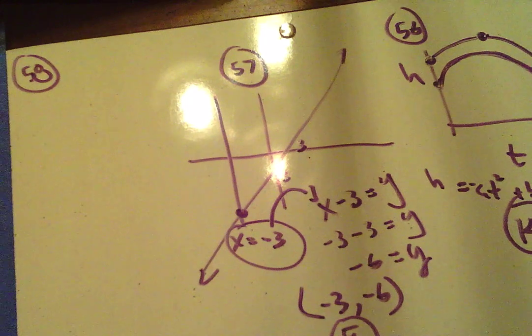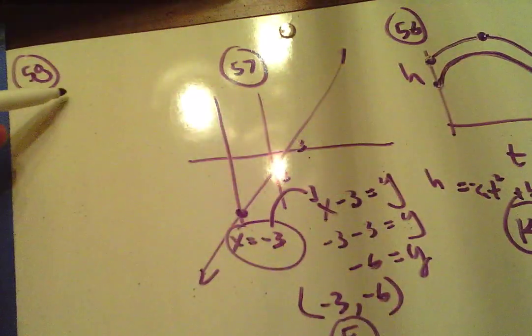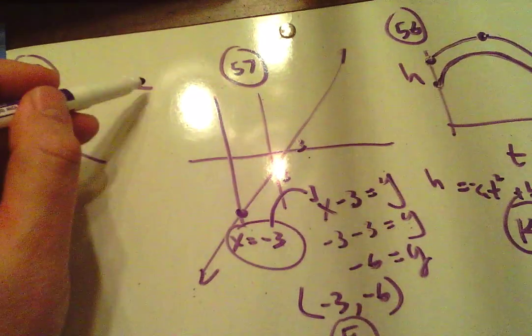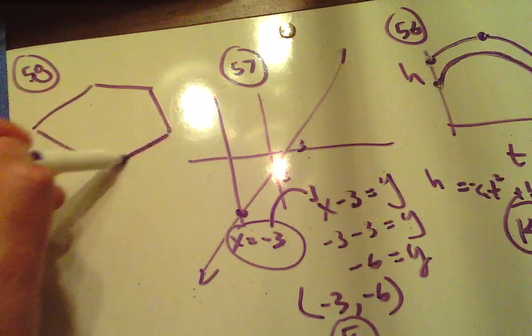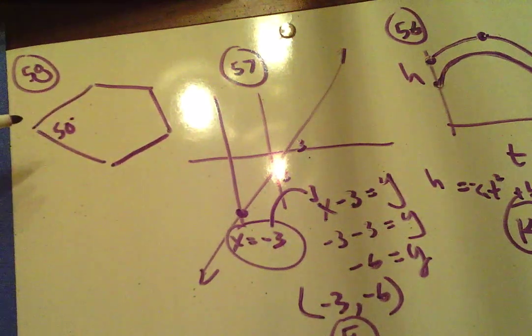How about 58? 58 says angle A measures 50 degrees, and this is a pentagon. Okay. And what's the sum of these other measures?